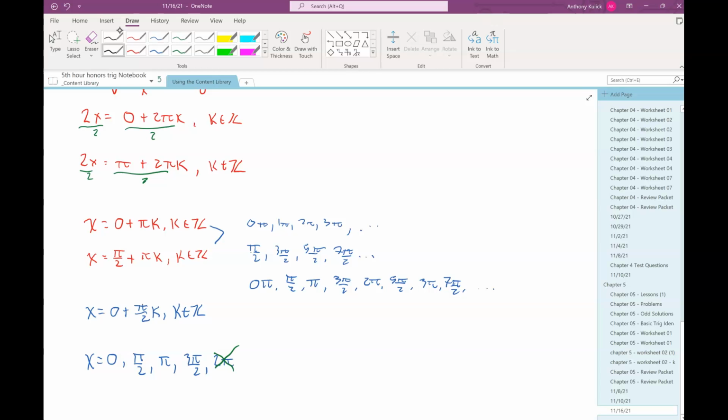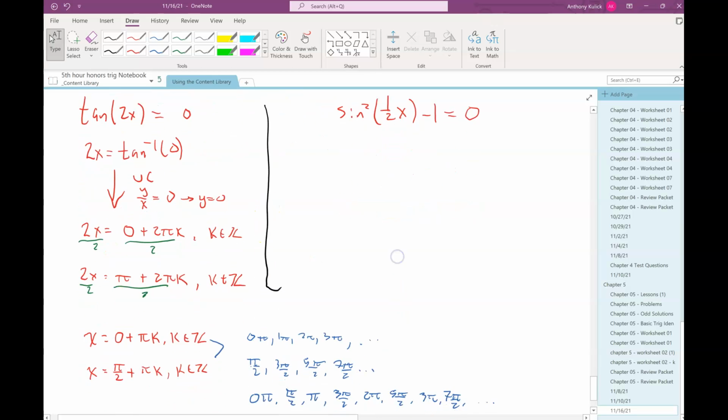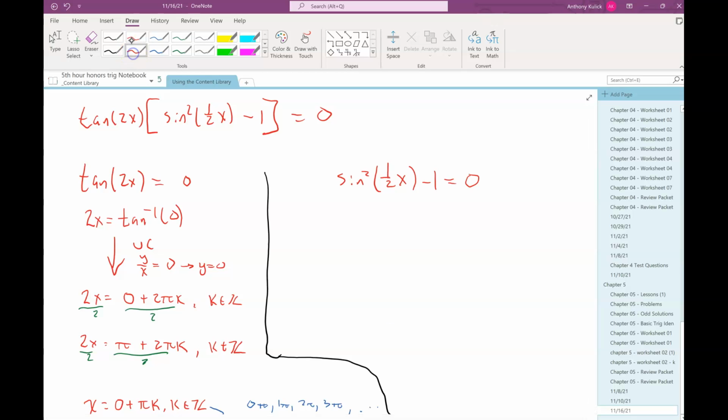We still have another half of a problem to go, though, because remember way back here we had this other piece that we haven't done anything with. I'll do that so I don't run into this. So add 1 to both sides. We'll square root both sides.